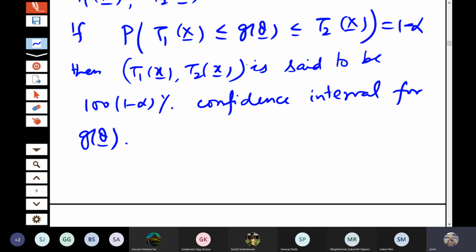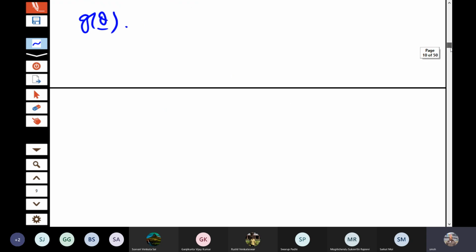In fact, this entire theory was again developed by Neyman and Pearson themselves. Now we don't have that much scope for going into the theorems and proofs. Rather, I should tell you the practical procedures that have been developed by statisticians for different problems.